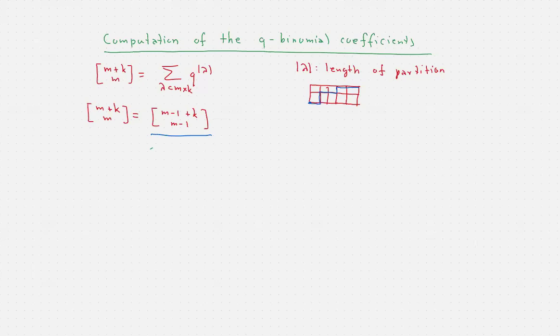And then we have the case of a horizontal first step, where we have M plus K minus 1 choose M times Q to the M. Okay, so this is pretty much the formula that we're going to use in an inductive way in order to compute these partitions.